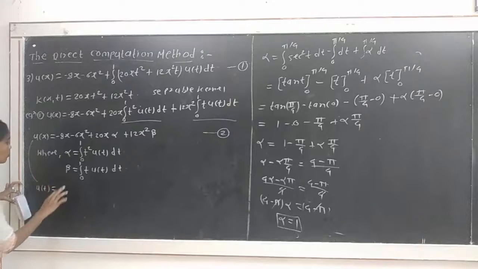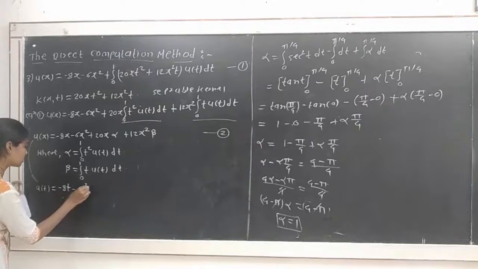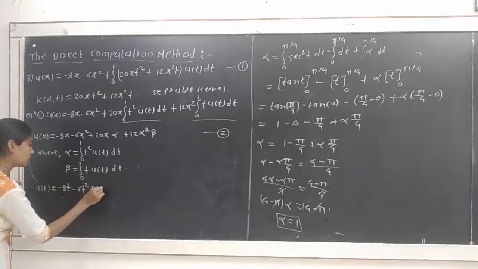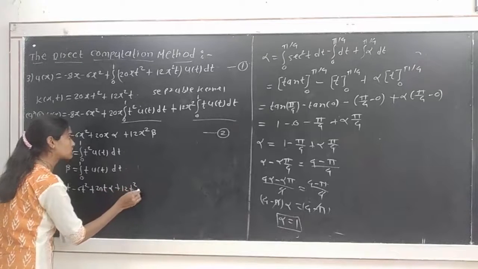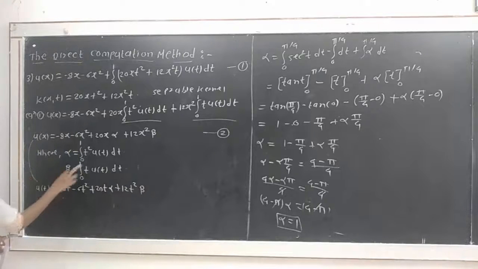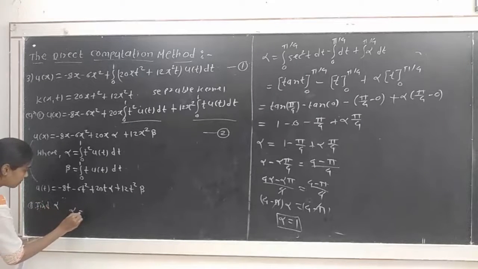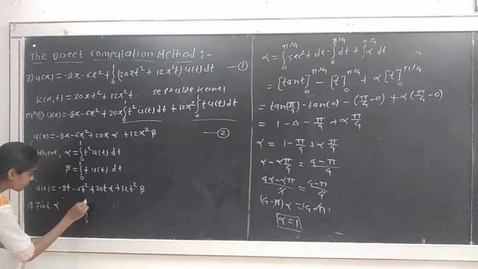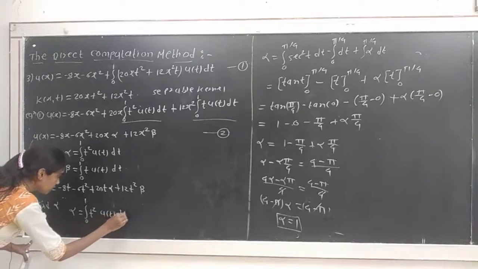So from equation 2, u of t we get minus 8t minus 6t square plus 20t alpha plus 12t square into beta. Okay, then we first find the value of alpha. So alpha will be equal to integration from 0 to 1 of t square into u of t dt.